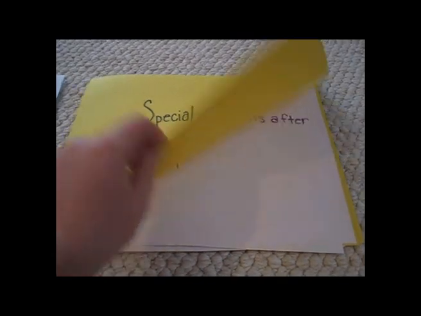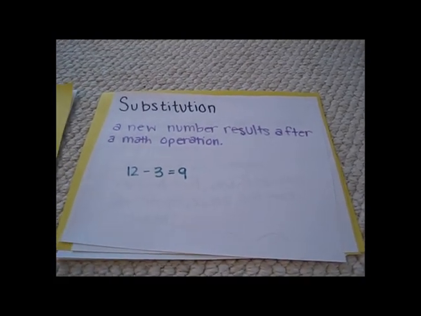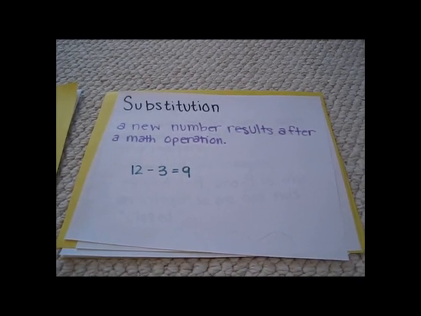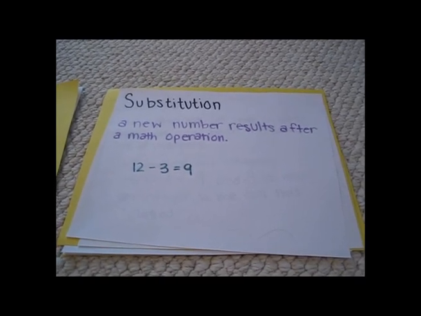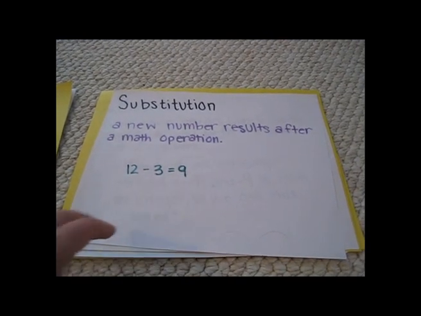The last category of properties that we will be looking at today is the special cases category. So the substitution property is where a new number results after a math operation. So 12 minus 3 is 9. That's the substitution property.